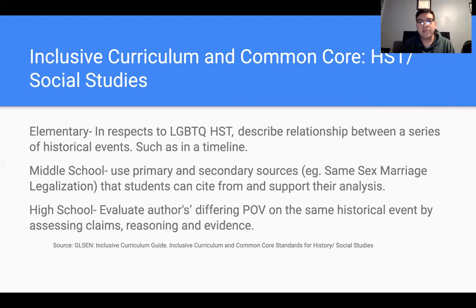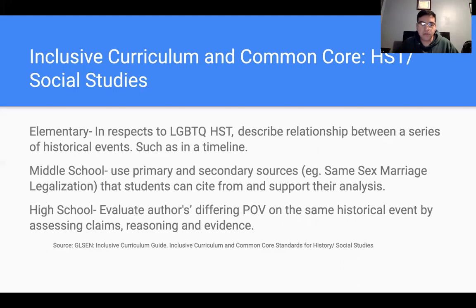So the inclusive curriculum and Common Core for social studies. In elementary, in respects to LGBTQ history, develop relationships between a series of historical events. A way to do this would be a timeline of how LGBTQ history has evolved. In middle school, you want to use primary and secondary sources. I threw in the explanation of same-sex marriage legalization here in the United States.